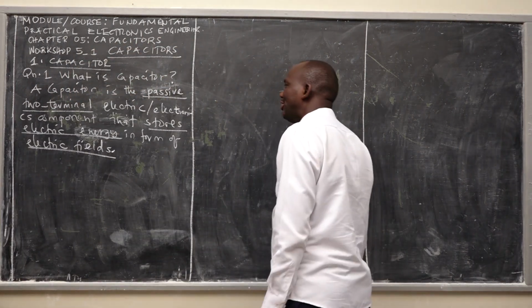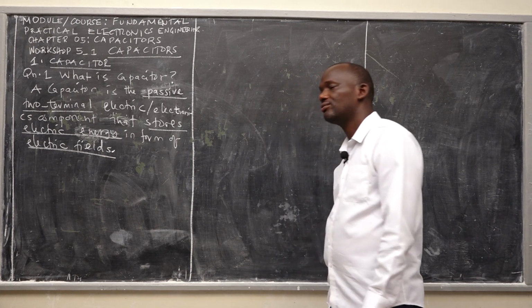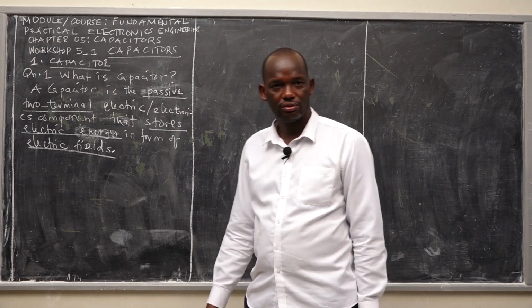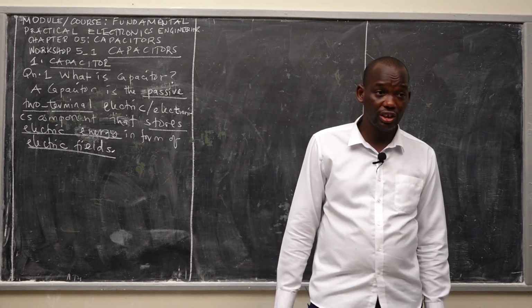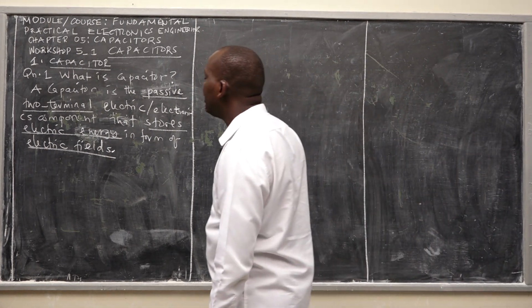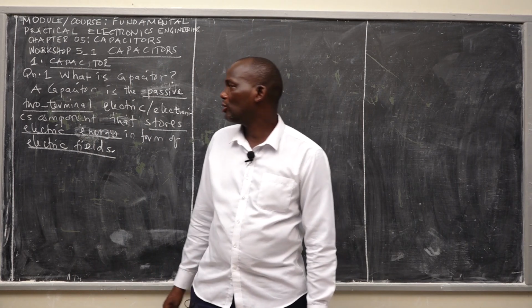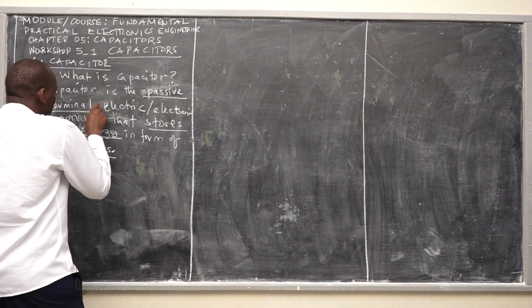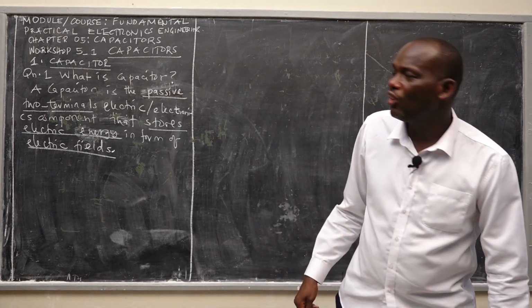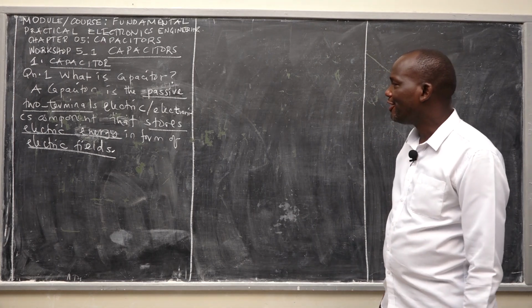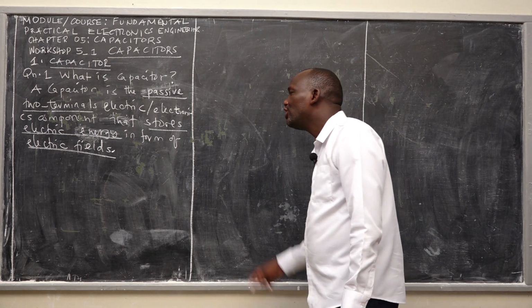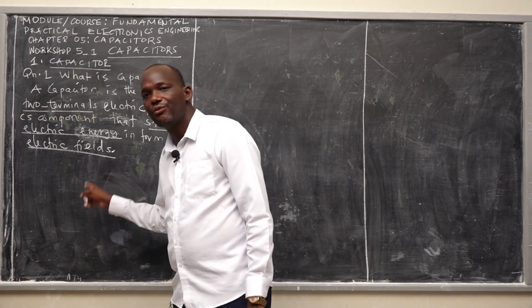What is a capacitor? First of all, it's passive. Say passive. In electronics and electrical, we have passive and active. So a capacitor itself is passive, and another keyword is two-terminal. How many terminals does it have? Two terminals. A two-terminal electronic or electric component that stores electric energy in the form of electric fields.